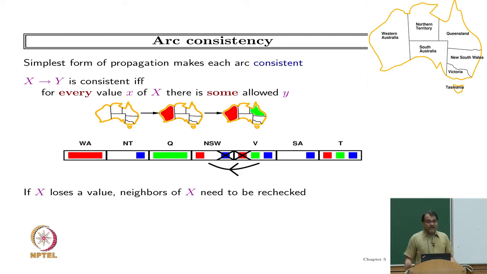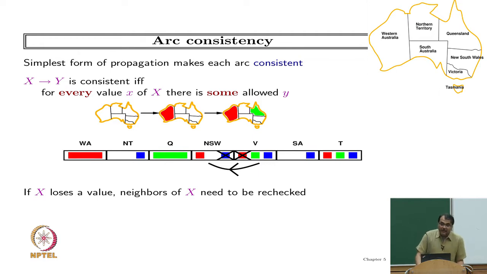For every value of Victoria, do we have a value for New South Wales? For Victoria green, do we have a value for New South Wales? Yes. For Victoria blue, do we have a value for New South Wales? For Victoria red, do we have a value for New South Wales? No. So, Victoria cannot be red.